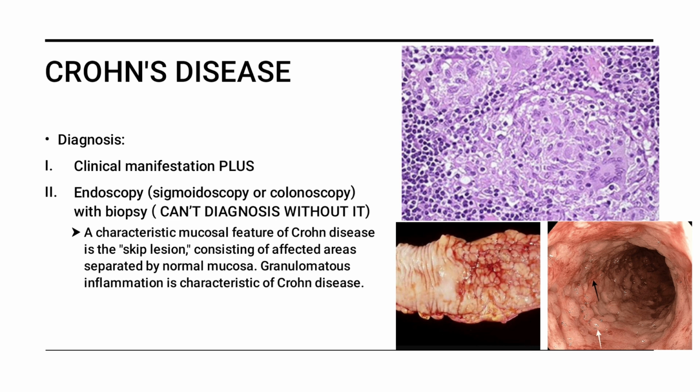This patient had rectal bleeding, so we call a colonoscopy, because we want to reach the colon and see where the problem is. But you can also use endoscopy. Both of them are acceptable, and you need to do it with a biopsy. It's important to take a biopsy, because otherwise you cannot diagnose Crohn's. And what do we see under the microscope?